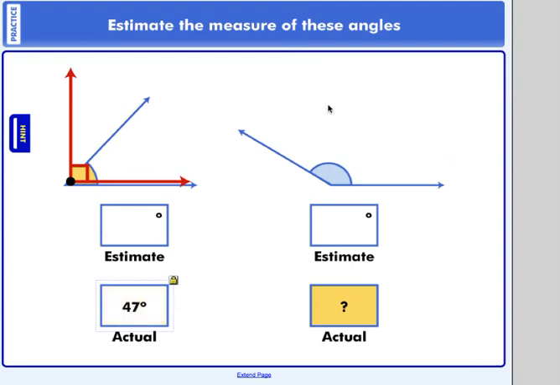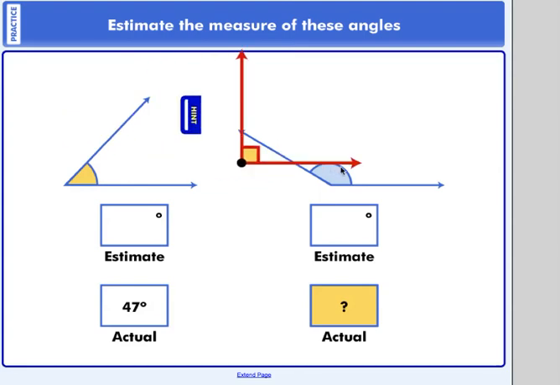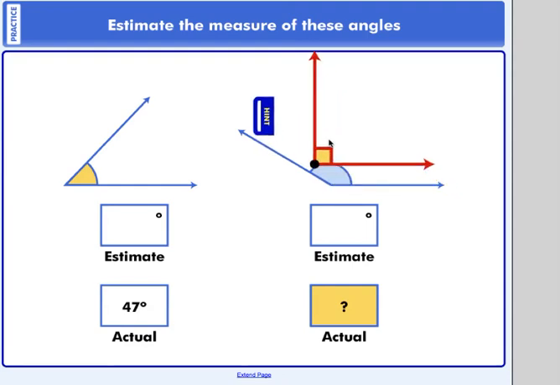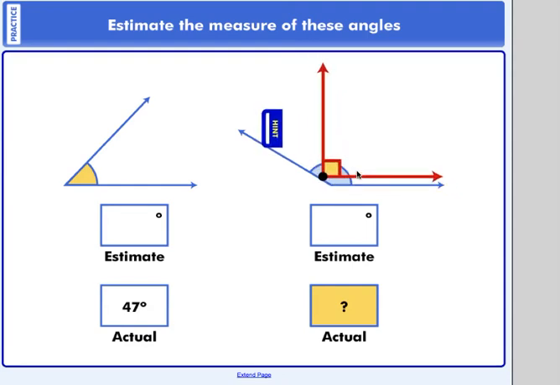Now here, let's take a look at this angle. It is obtuse. Okay, I can see that it is obtuse. So I know it's going to be more than 90. And again, I want to visualize where 90 would be. Think about where a straight line would be and how close we are to each side.